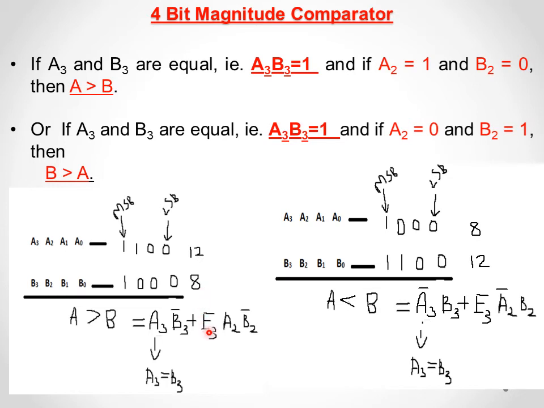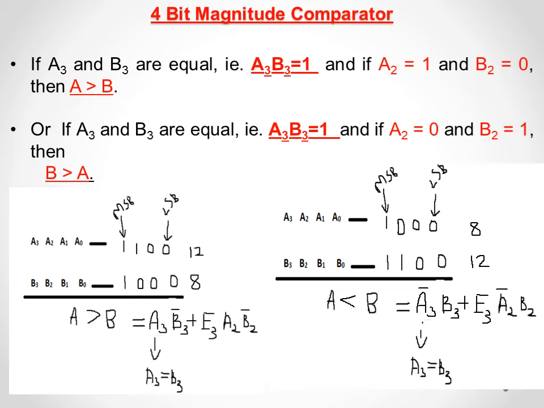The expression for that equality is E3. This is for the A2 B2 comparison. So now A greater than B means the A3 B3 bar expression exists.